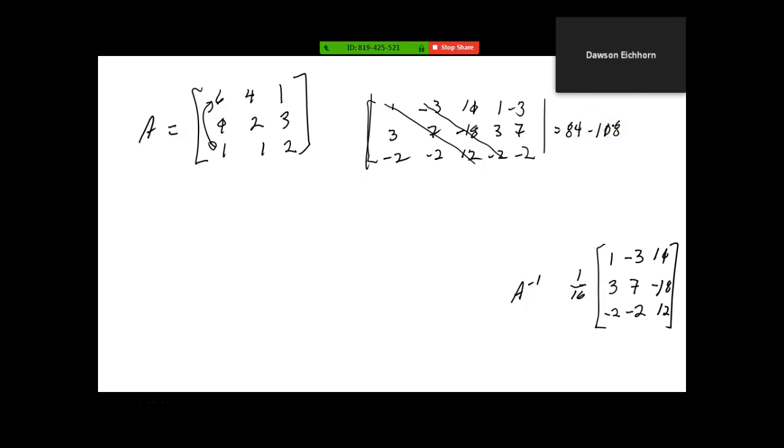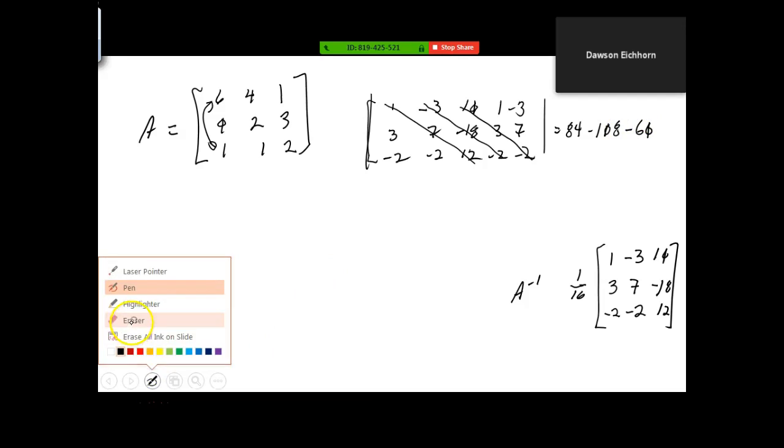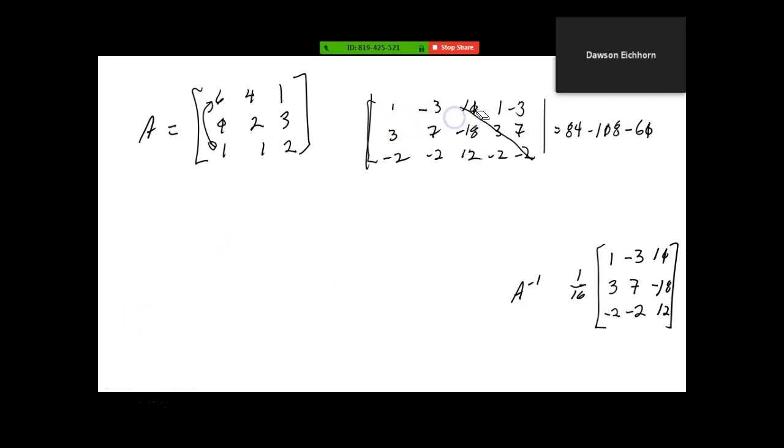And this will give us a minus 60, right? I'm going to get rid of my down diagonals because they're just messy and in the way. And let's do the up diagonals. And this will be positive 140. Is that right? This one will be a minus 36, right?